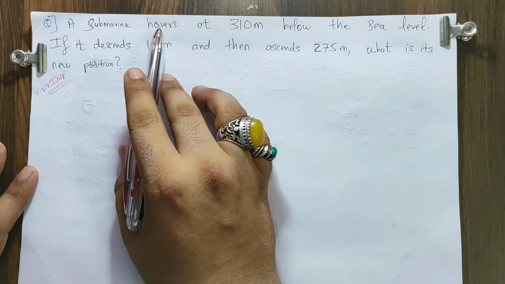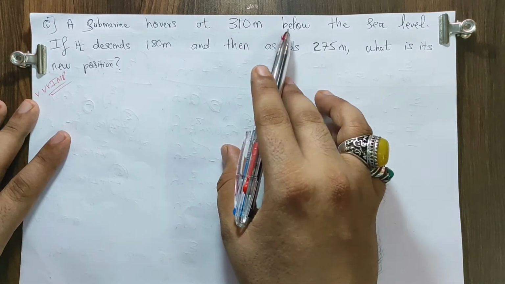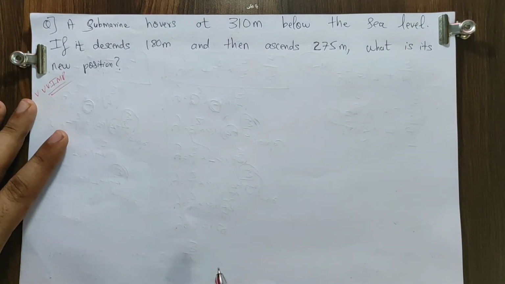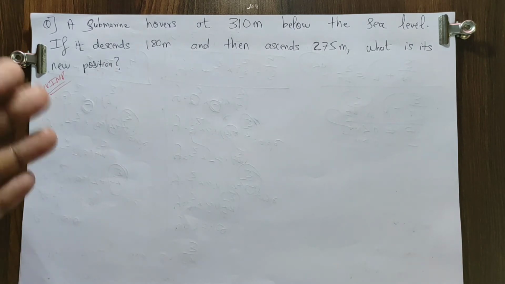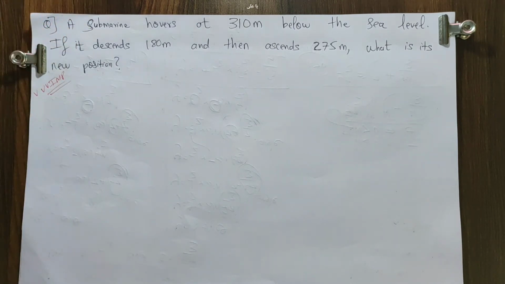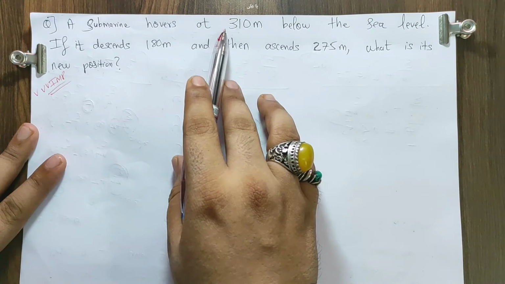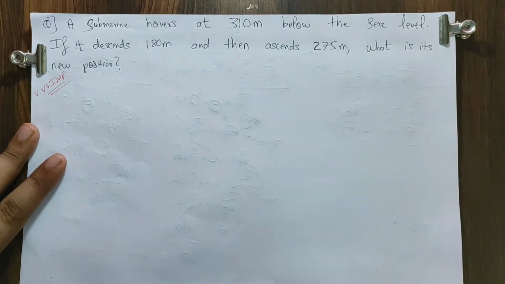A submarine hovers at 310 meters below sea level. Hovers means it just travels, like submarines travel in the sea. The submarine travels or runs at 310 meters below the sea level.